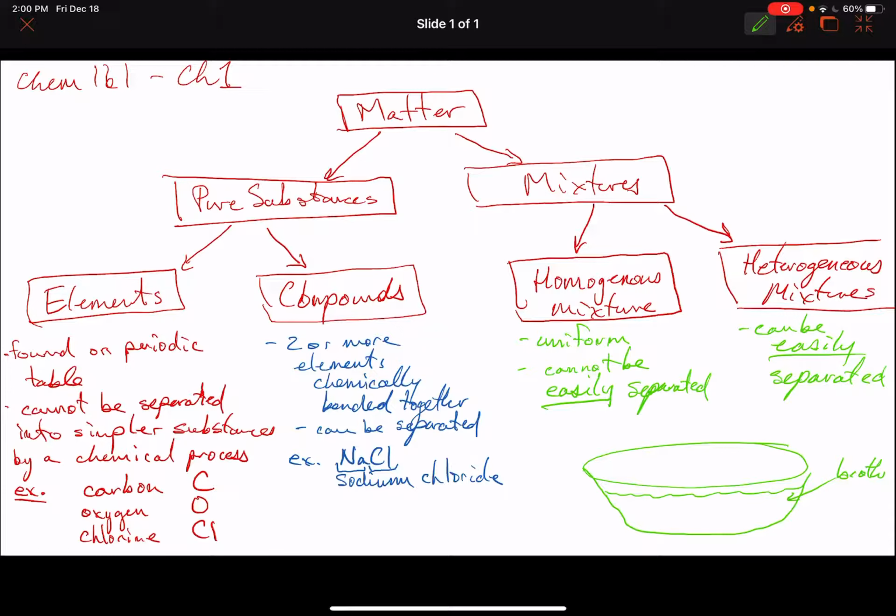And we can expect there might be some noodles. Okay, here's my bad drawing of some noodles. And perhaps some chunks of carrot and chicken, etc.